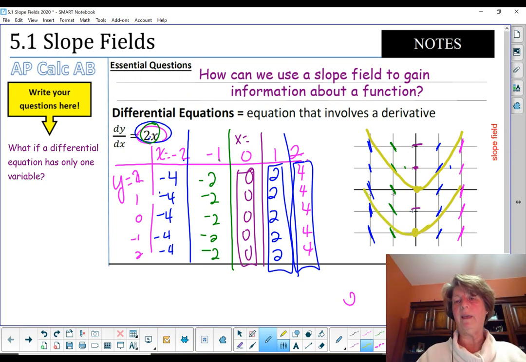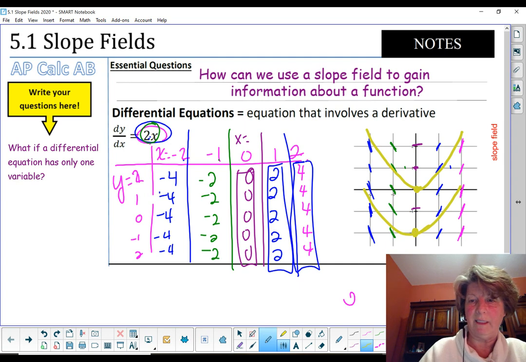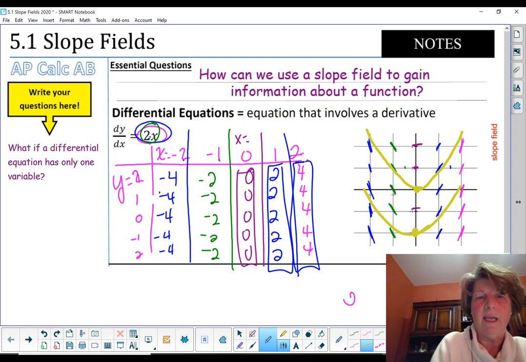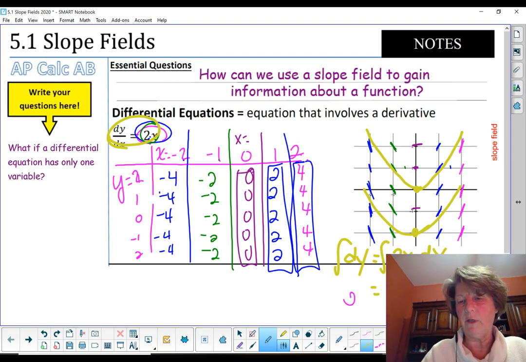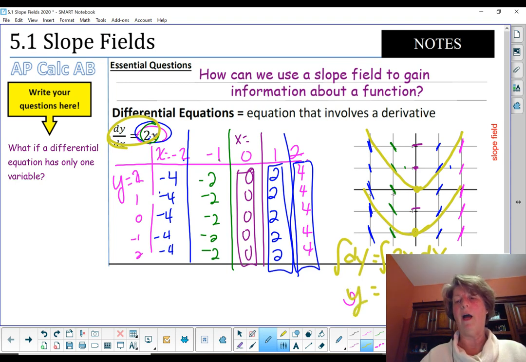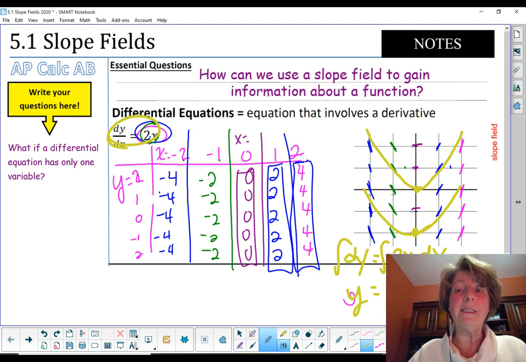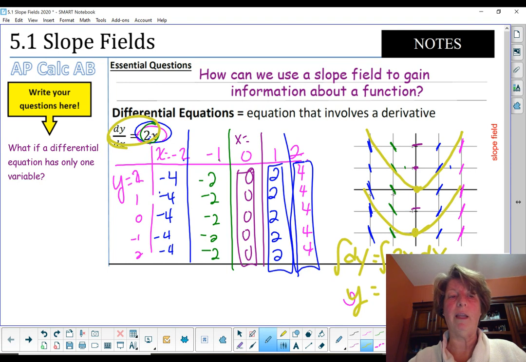Essentially what I'm getting is a family of parabolas here, quadratic equations, right? And if I were to solve my differential equation, we have done a little bit of this, if I just solve this simple differential equation, I do get y equals x squared plus c. So it makes sense to me that this is a parabola.